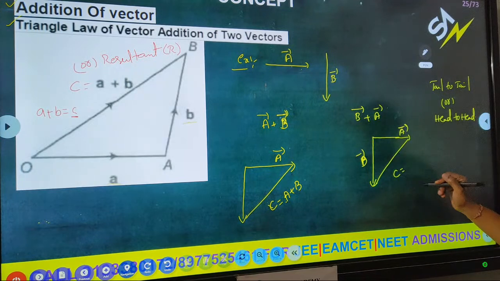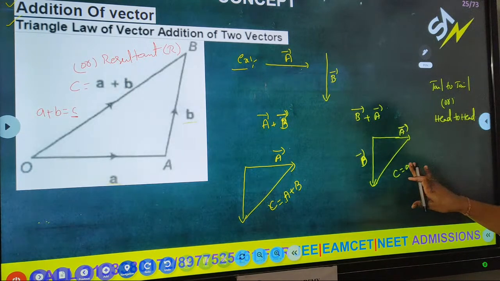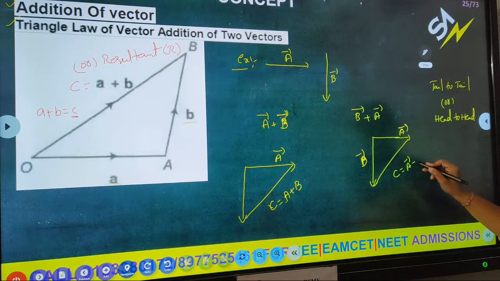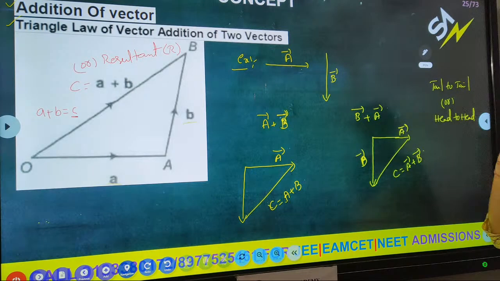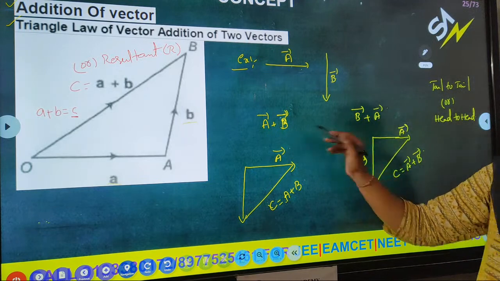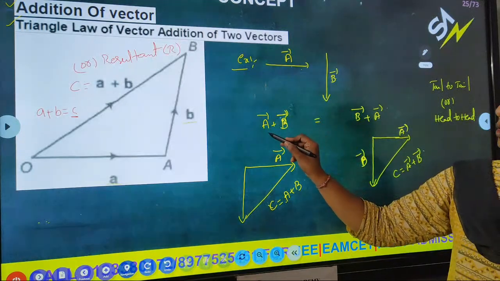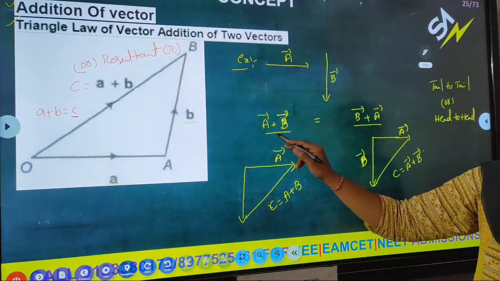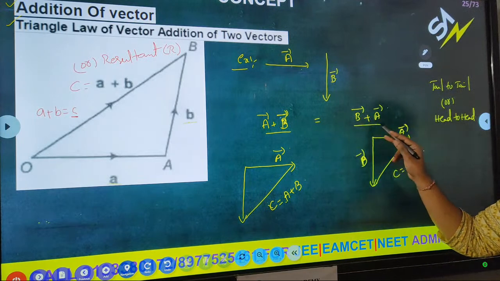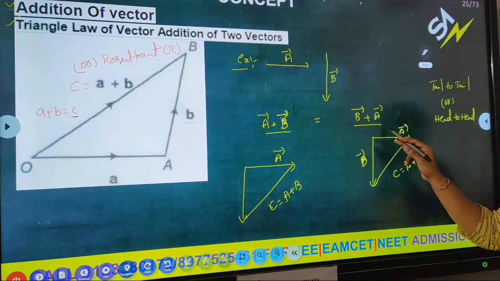The opposite side of the triangle gives the addition of these two vectors, which is also called the triangle law of vector addition. Here the triangle law of vector addition follows the commutative law. A bar plus B bar will be equal to B bar plus A bar.